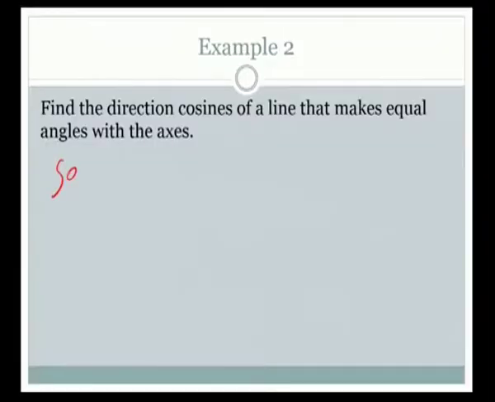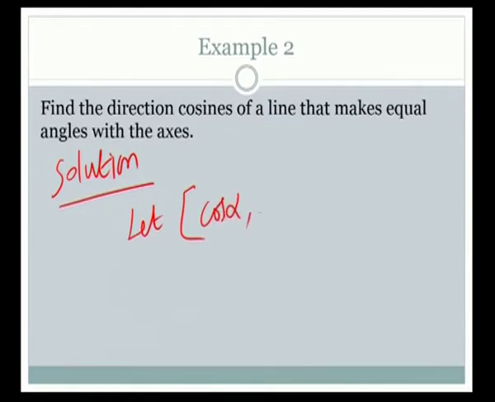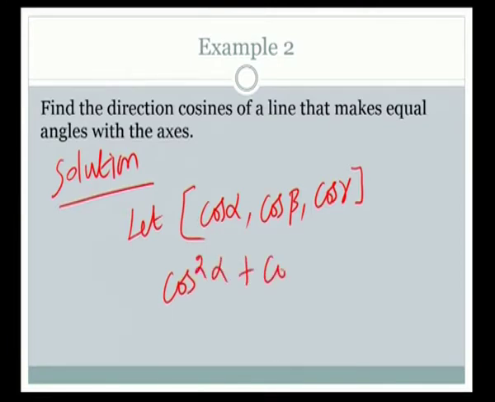The solution to this problem is obtained like this. Let the direction cosines of that line be [cos alpha, cos beta, cos gamma]. Then the relation connecting the direction cosines is cos square alpha plus cos square beta plus cos square gamma.